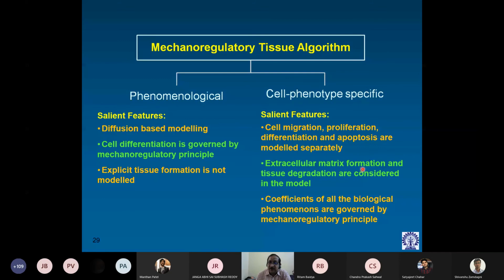Extracellular matrix formation and tissue degradation are certainly considered in this one. And the coefficients of all the biological phenomena are governed by the mechanoregulatory principle. These are the salient differences between these two types of modeling approaches.